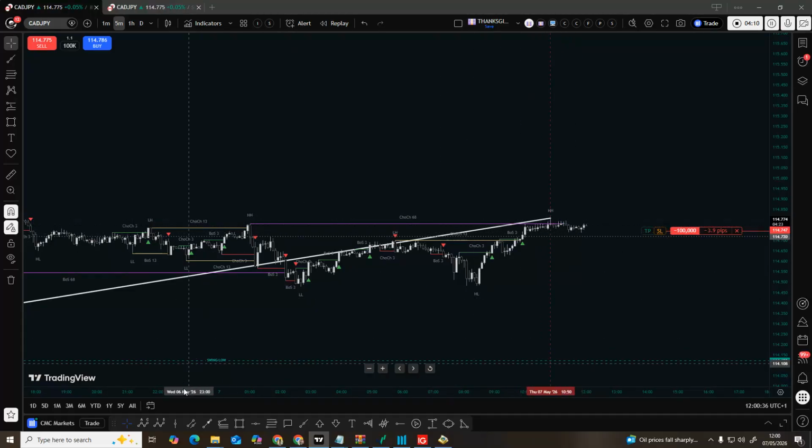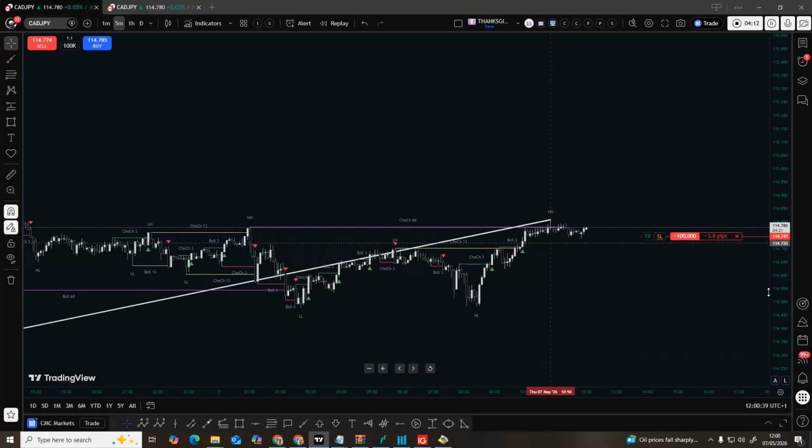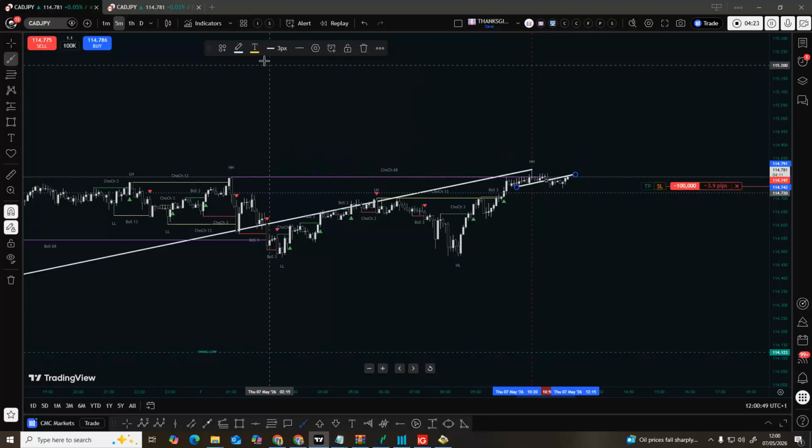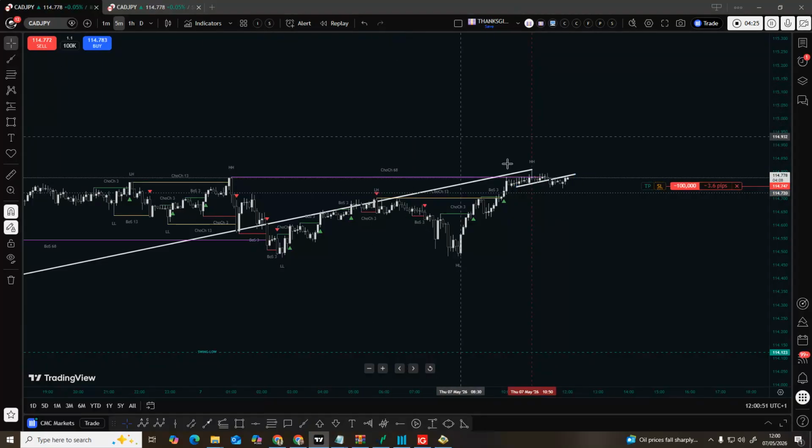If you look at this on a smaller time frame, actually no, just looking at this alone gives it away. A break followed by another break and a test of the break line. We should see a move down.